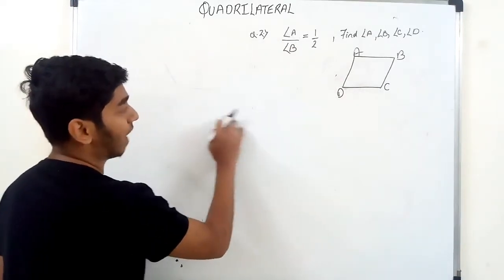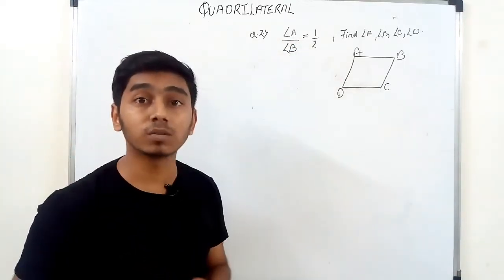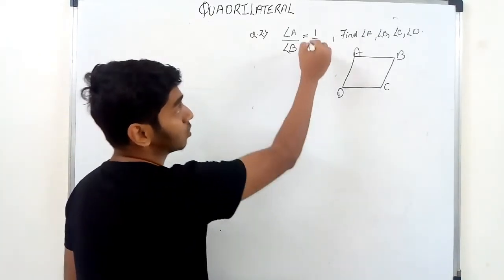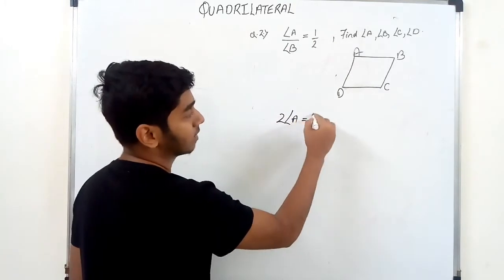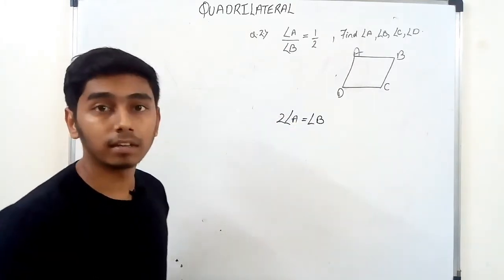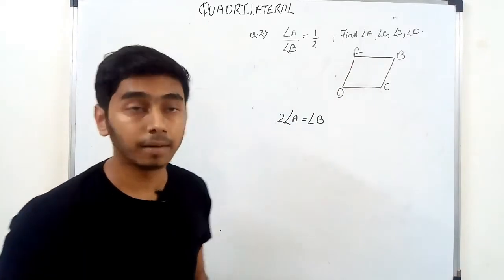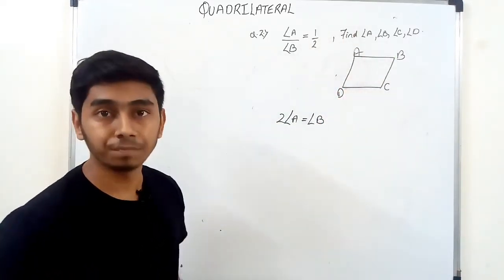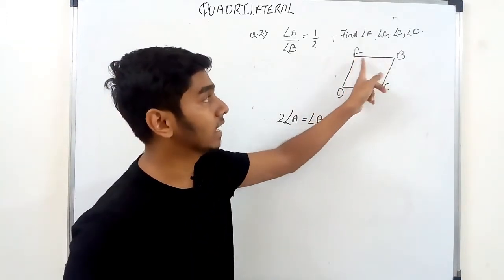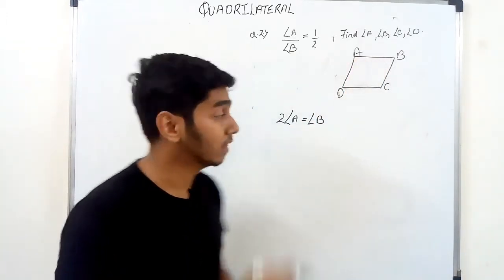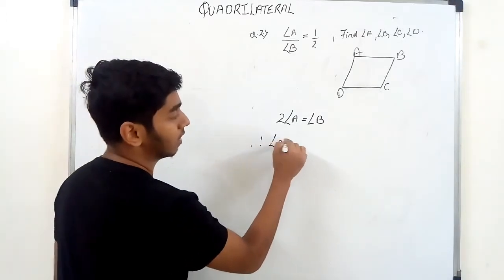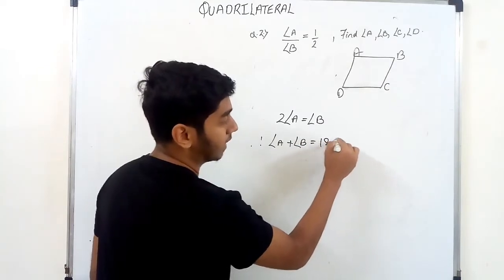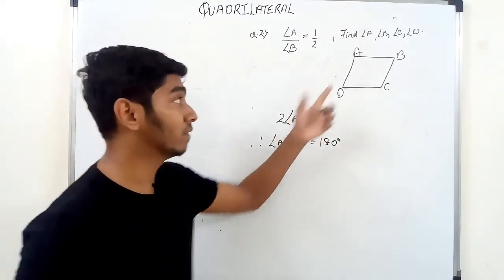So here, if angle A and angle B are in the ratio 1:2, can we say that angle A is equal to, so cross multiply, you get 2 times angle A is equal to angle B. Yes or no? Correct? Now, this is a parallelogram, it is already given in the question. So can we say that A and B are forming interior angles? Therefore, angle A plus angle B is equal to 180 degrees.